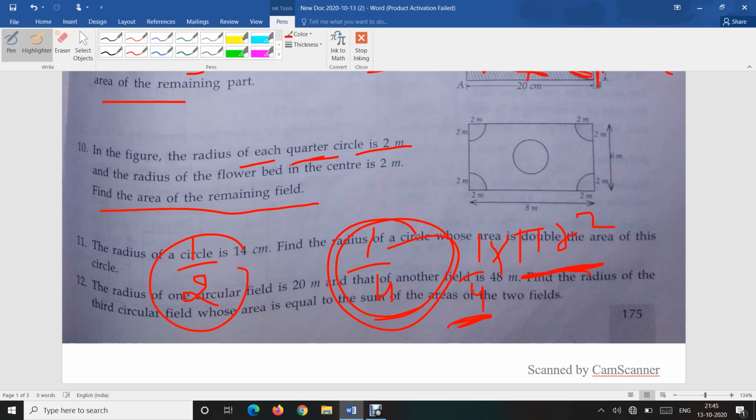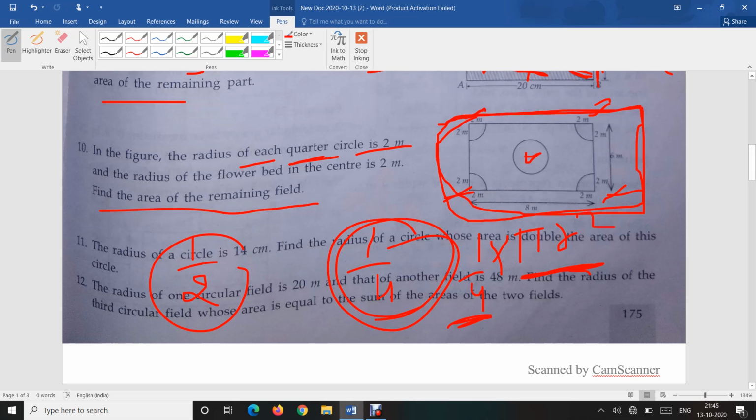So for that, first of all you have to find out the area of each quarter. That means the second one is this, third one is this, and fourth one is this. After that you have to find out the area of the flower bed, that means this, and after that you have to find out the remaining field. So you can add the area of these four quarter circles and this whole circle, and after that you can subtract the sum from the area of this rectangle.